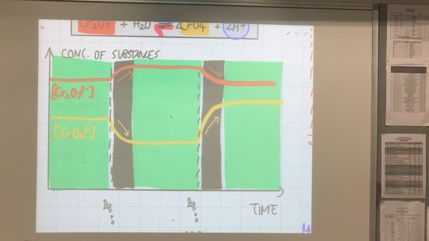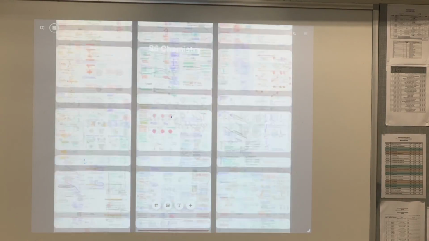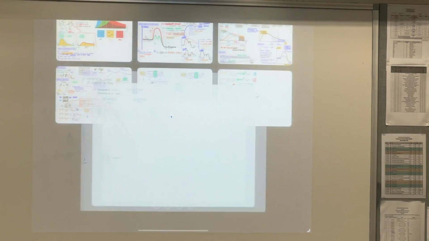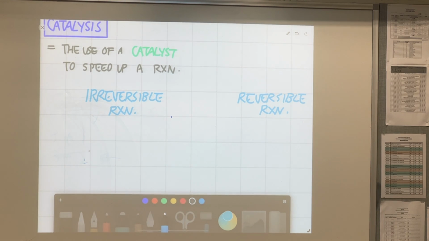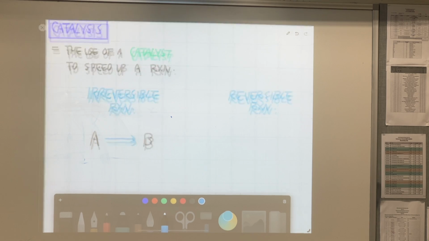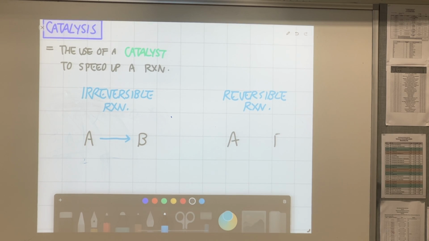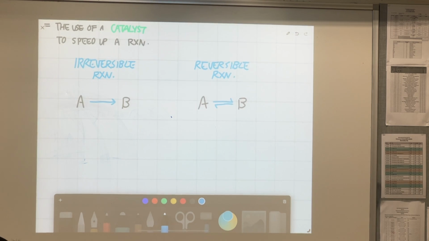Three states of equilibrium. Irreversible reaction means A reacting to form B irreversibly. Reversible reaction, of course, means A can form B and B can form A, and at the end you will have a constant concentration of A and B.